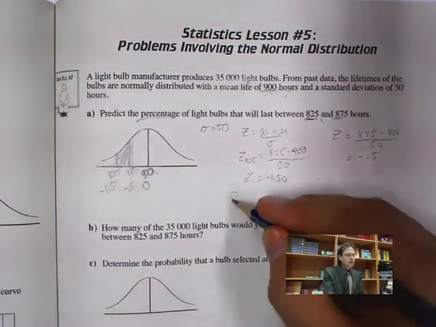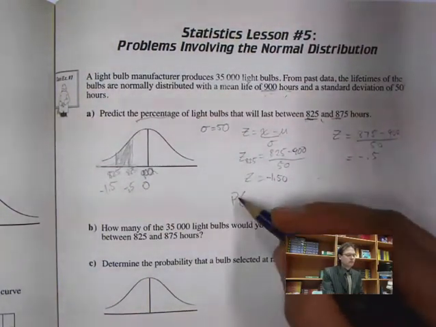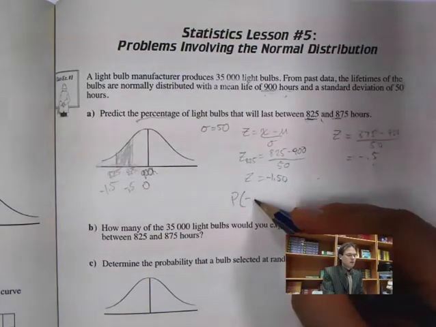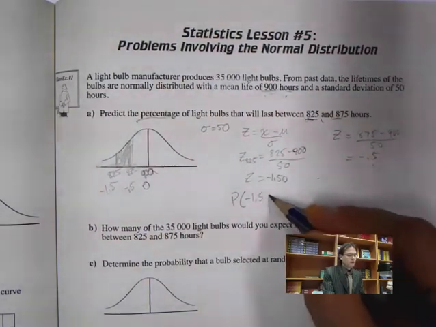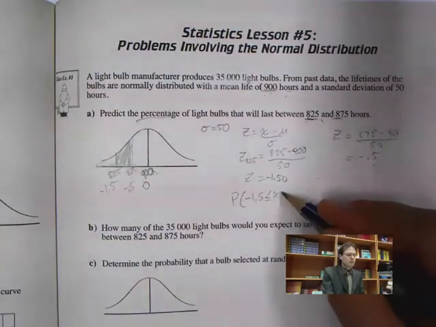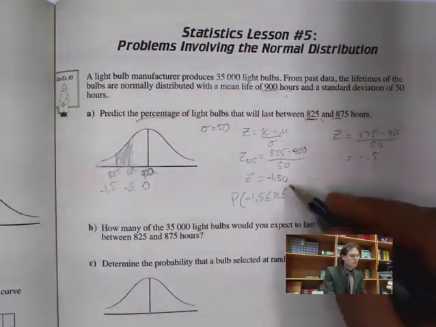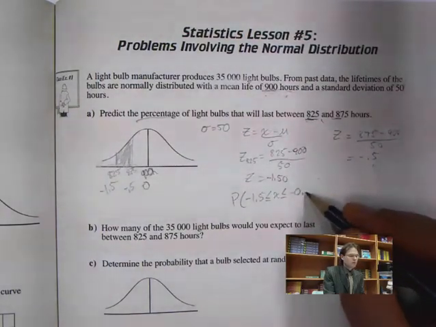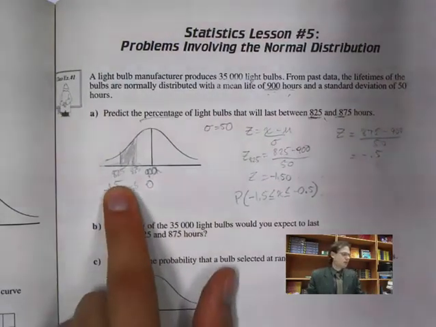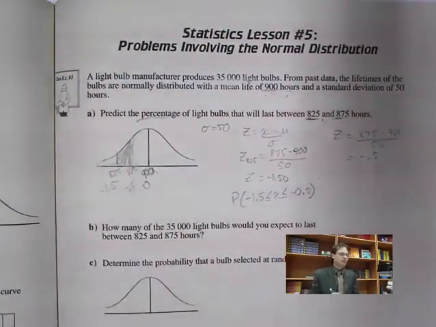So we're looking at the probability of getting a z-score greater than or equal to negative 1.5, but less than or equal to negative 0.5.